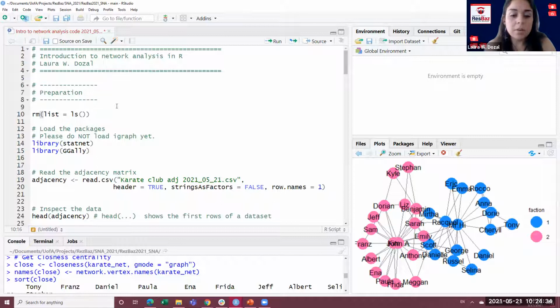Okay, so my environment is empty, so please stop me if you have any problems going through the code. We're going to use 3 packages for this script. We're only going to download 2. Later on, we'll use another package.